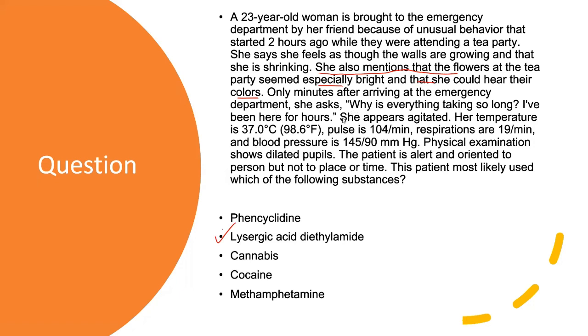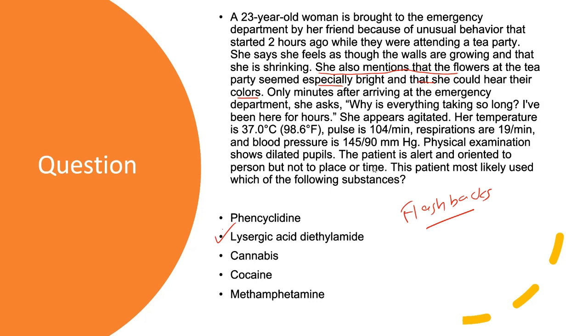It's also a hallucinogen. LSD is one of those rare ones that usually has no withdrawal symptoms. It does cause flashbacks, and flashbacks are where you get an episode of the hallucinations months after you've stopped using it. So it can happen at any time. That's a weird fact to know about acid.